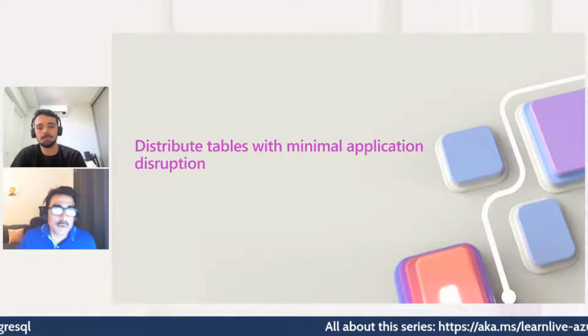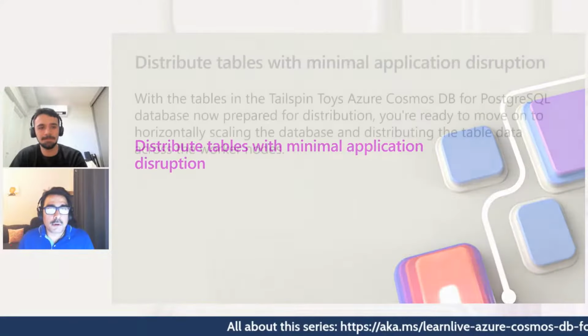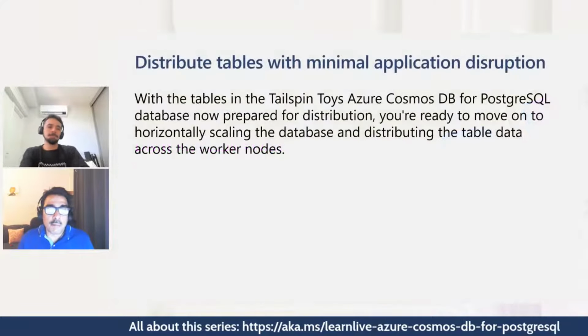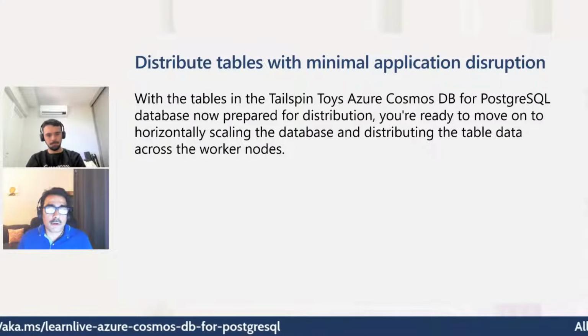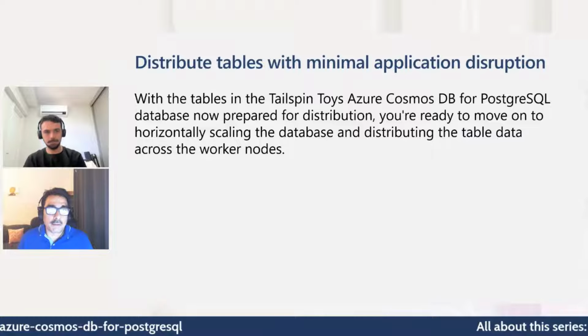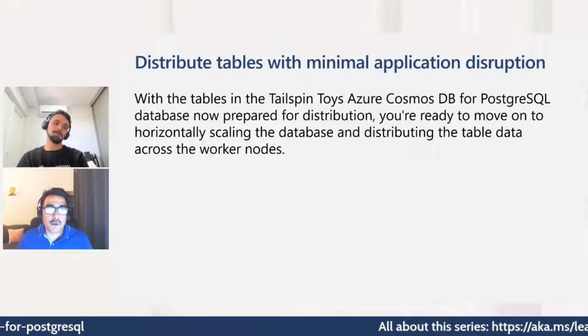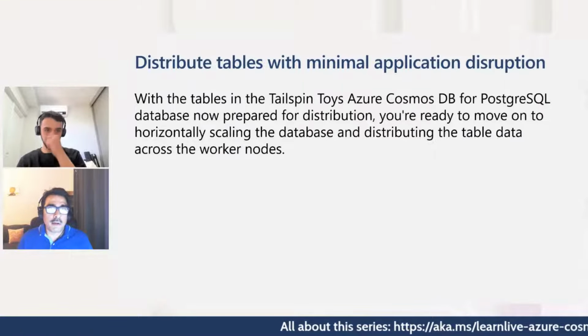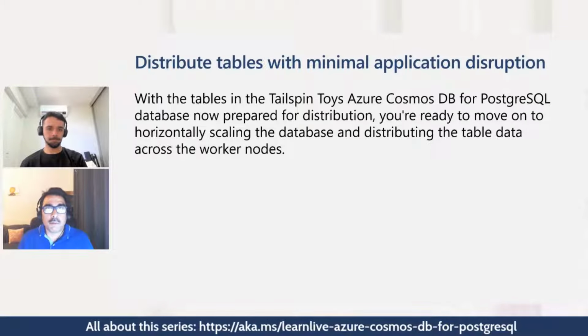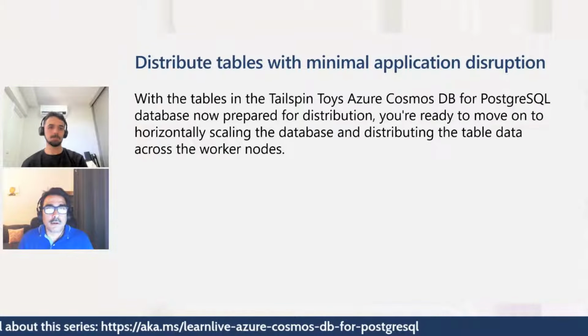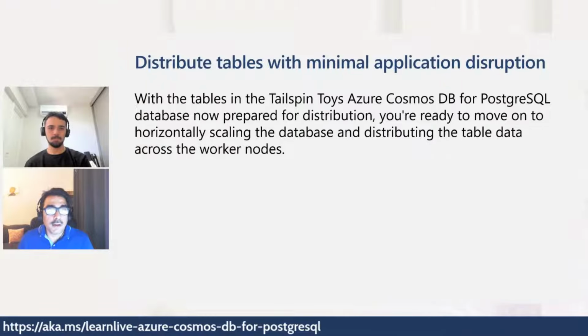Now let's distribute the tables and ensure that there's minimal application disruption, because it's doing transactions. So if there's a disruption, transactions are not going to happen, and there'll be an impact on the business. So how do we distribute tables with minimal application disruption, right?